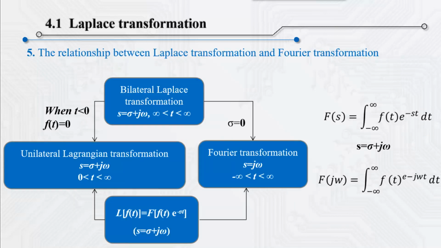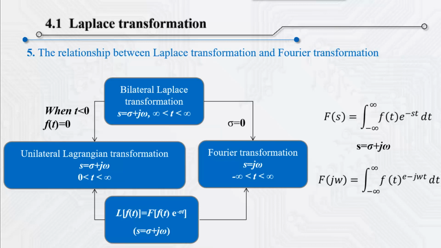Let's look at the relationship between the Laplace transformation and the Fourier transformation. We said earlier that making the Fourier transformation of f(t) times e to the power of negative delta t is equivalent to a bilateral Laplace transformation of f(t).